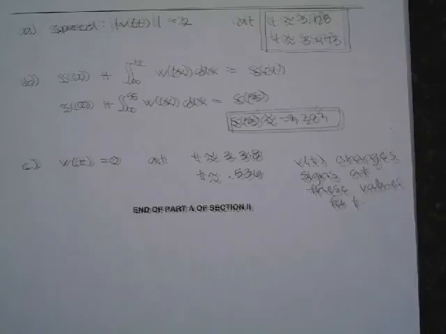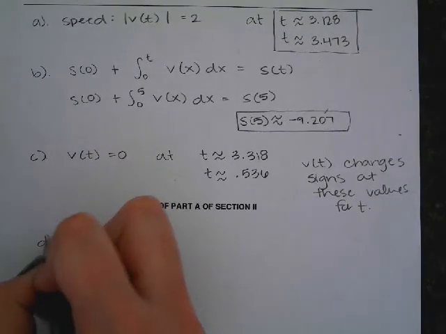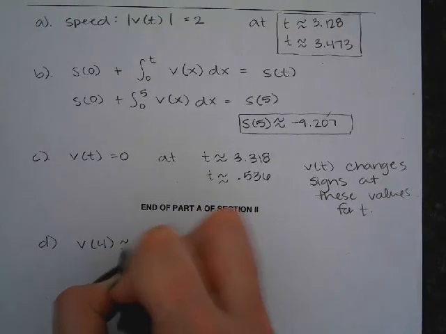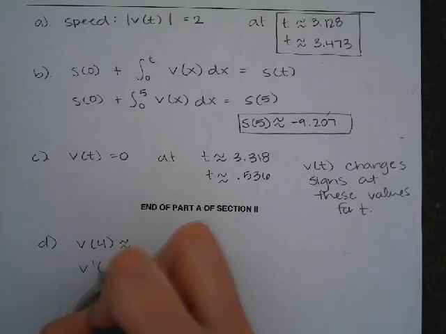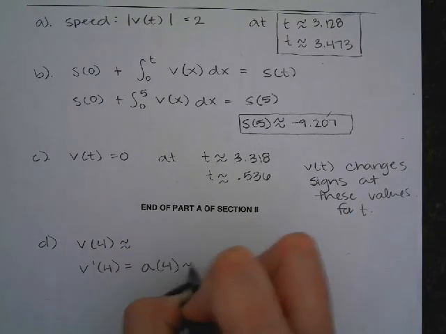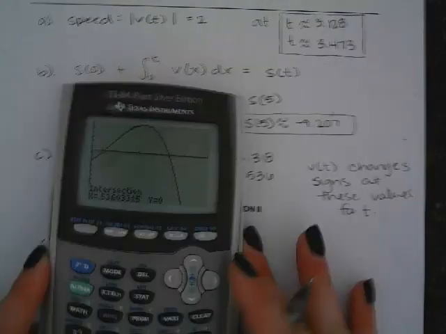All right, and then last question, is the speed of the particle increasing or decreasing at t equals 4? So first I'm going to say what the velocity at 4 is, then I'm going to find the derivative of velocity, which is the acceleration at 4, and I'm going to compare the signs.